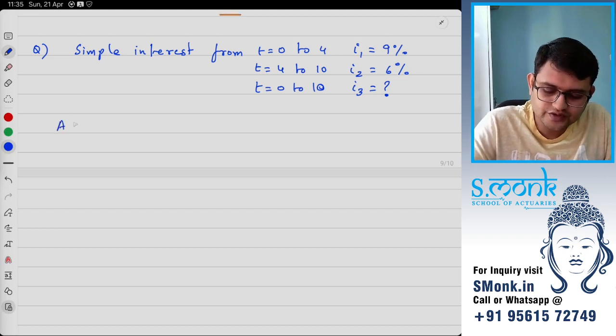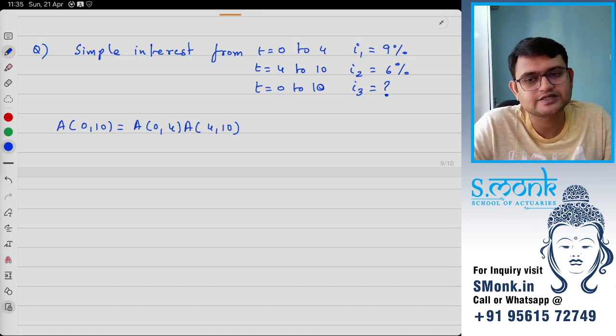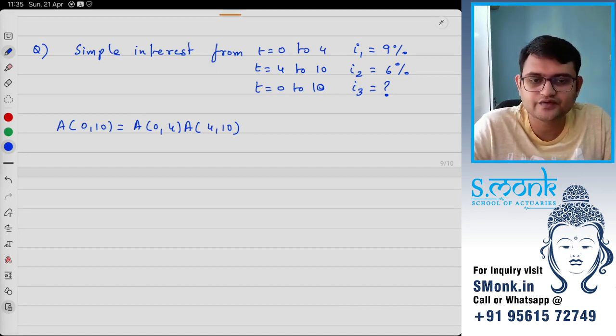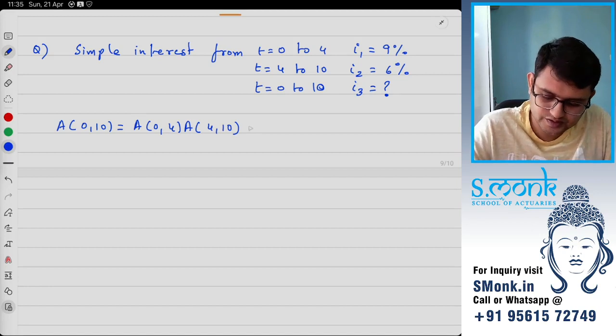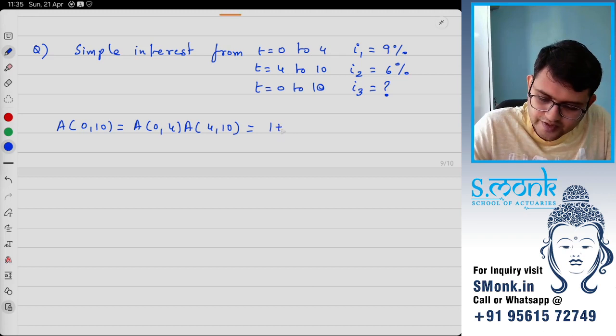So even for simple interest, we'll say accumulation from 0 to 10 must be accumulation from 0 to 4 into accumulation from 4 to 10. Do not write plus. Okay, do not write plus. We will have multiplication. So we'll have 1 plus I1 into number of years.